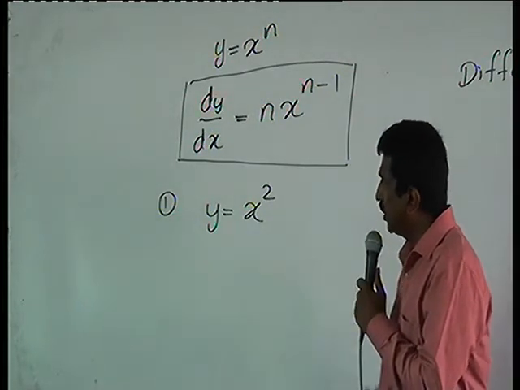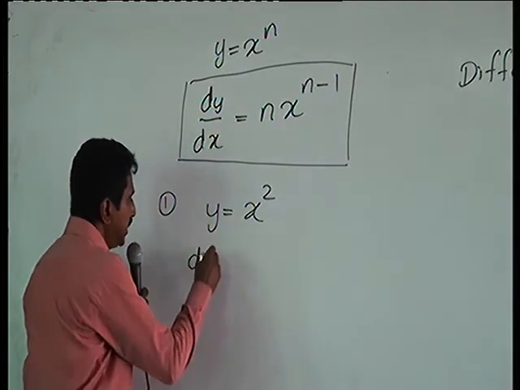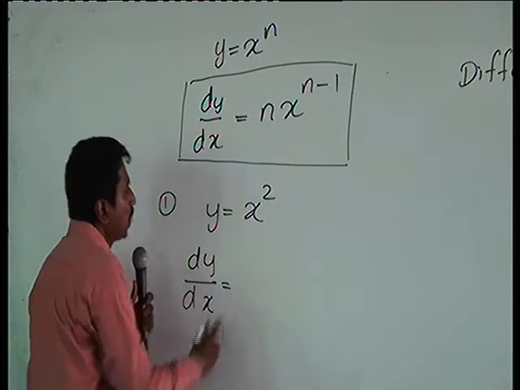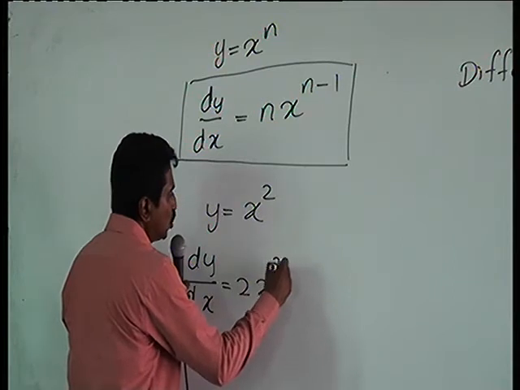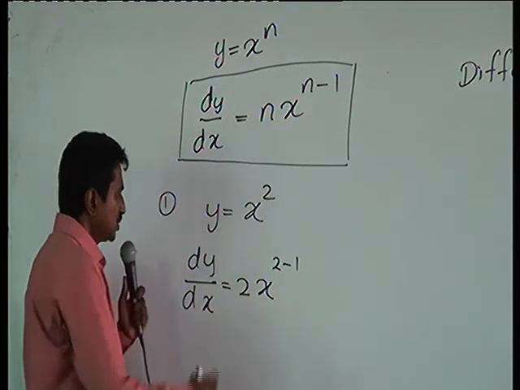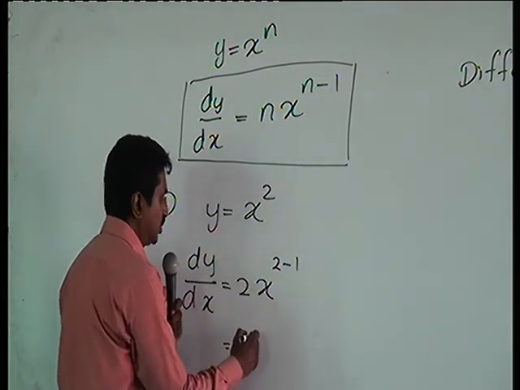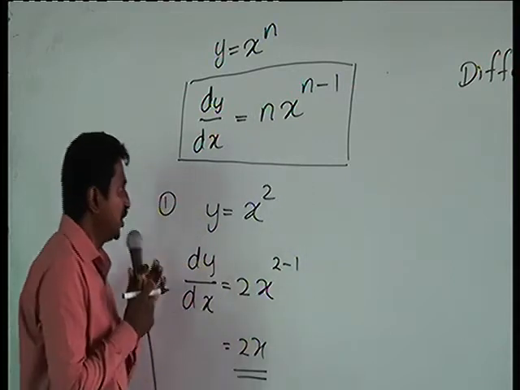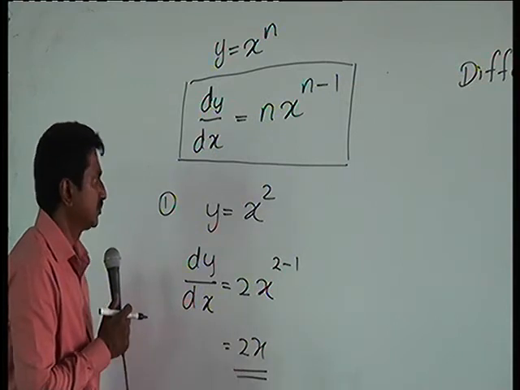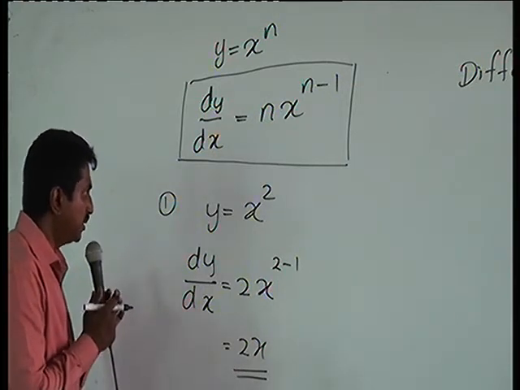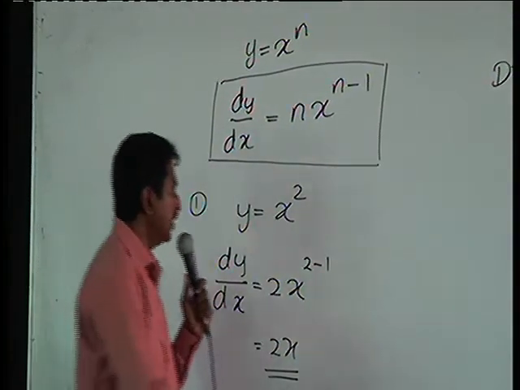Once you differentiate, you have to write the symbol dy by dx here. dy by dx equals n, that is 2, x to the power 2 minus 1. So 2 minus 1 is 1, x to the power 1 is x. So the answer is 2x. Differentiate x squared, your answer is 2x. Write down this first example: y equals x squared, differentiation is 2x.